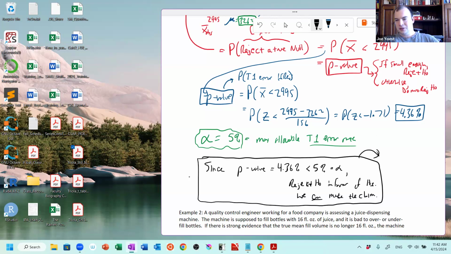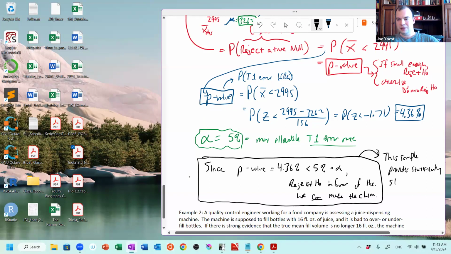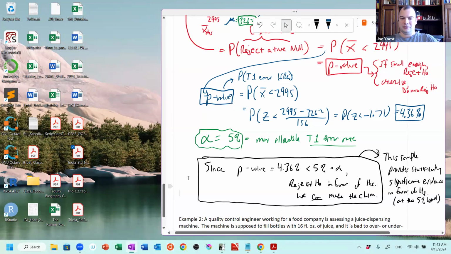Or another way of saying this, we can say that this sample, the sample size 50 with a mean of 2995 and a known standard deviation 1100, provides statistically significant evidence in favor of H1, and we might append at the 5% level if we wanted to give a little more detail.